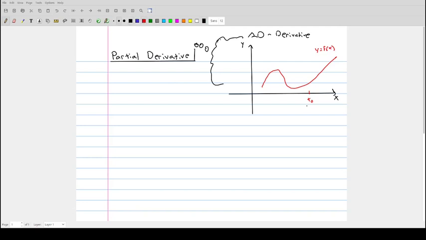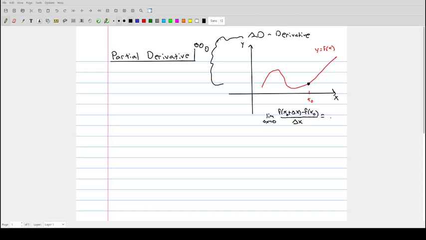The exact mathematical definition of the derivative is that it's the limit as delta x goes to 0 of f of x naught plus delta x minus f of x naught, divided by delta x.